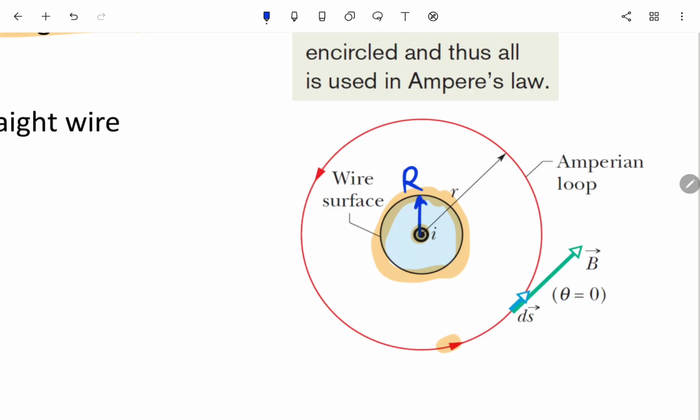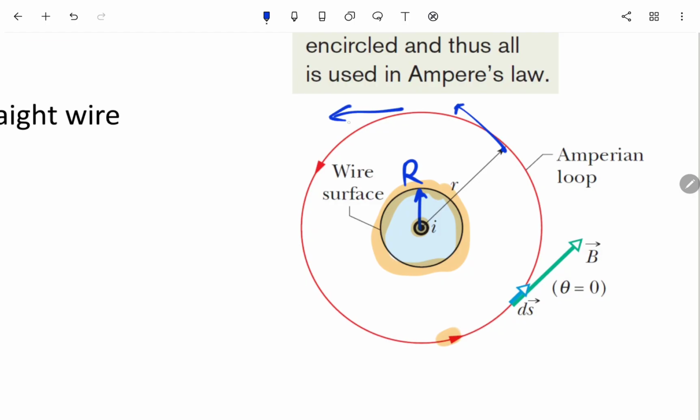So over the whole loop, the B field is symmetric. Although the B field does not point in the same direction, it points to the top right at this point, to this side at this point, and so on and so forth, the magnitude should be the same.